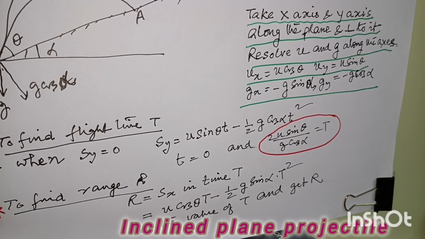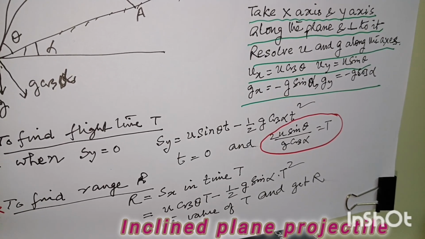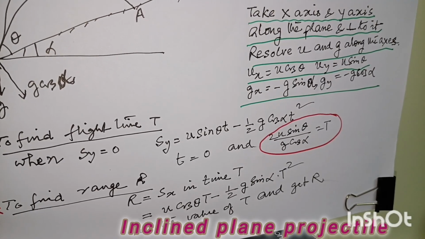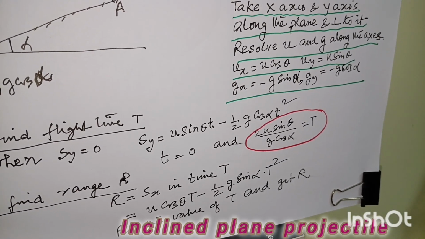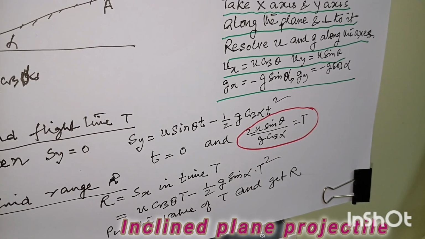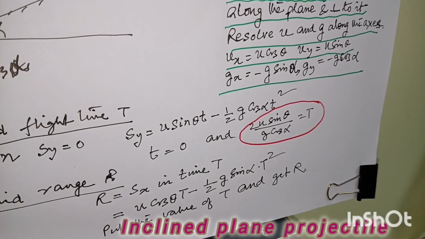And if we put the value of t in this, t we have already got from earlier equation, we will get the value of R, that is range.